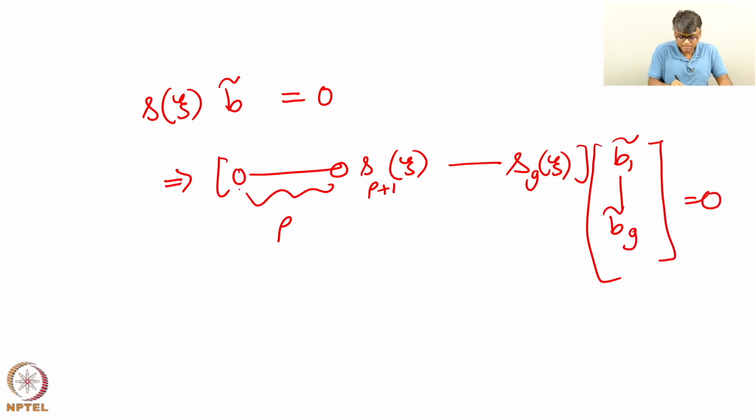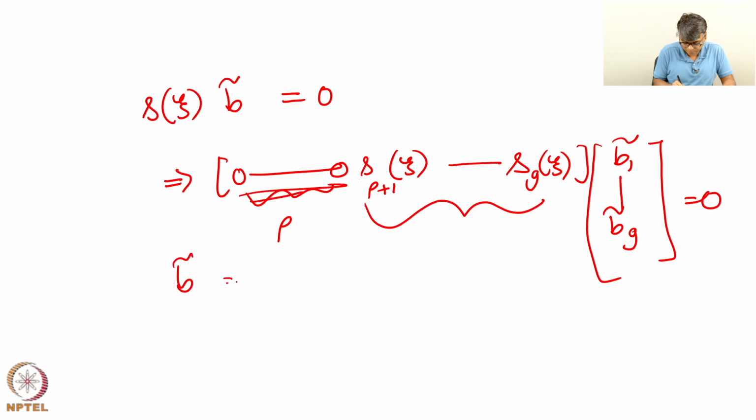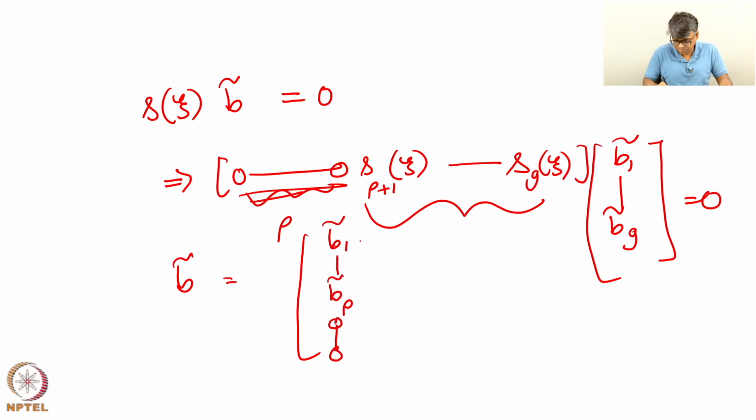But these guys are 0 and these guys are non-zero. If they are supposed to go to 0, then b tilde must have the form that from b1 tilde up to b rho tilde, they are non-zero entries. These guys must be necessarily 0. That's what this means as far as S xi acting on b tilde being 0 is concerned.